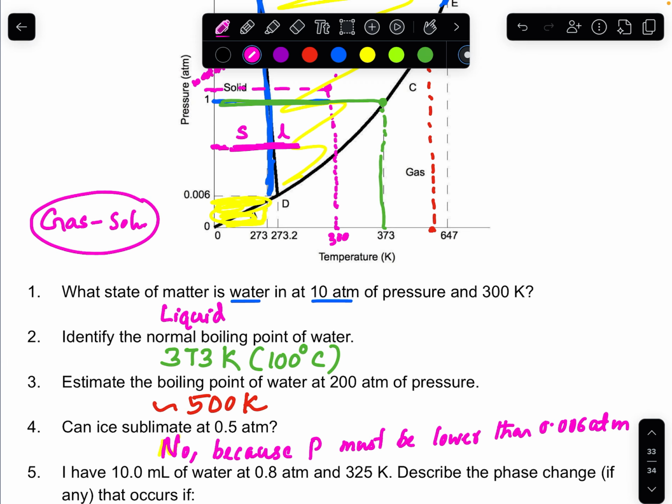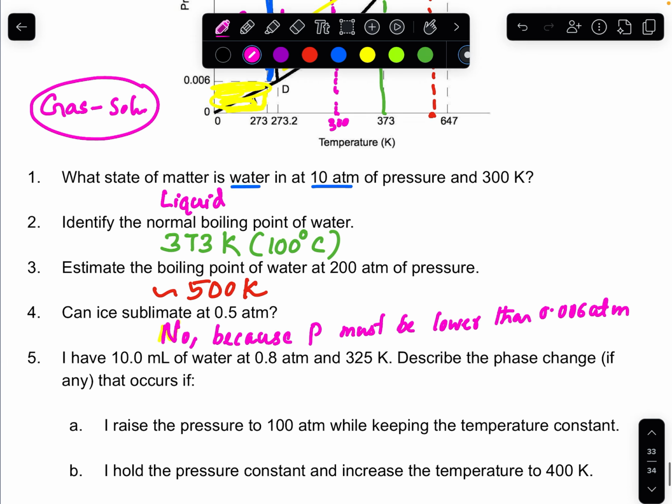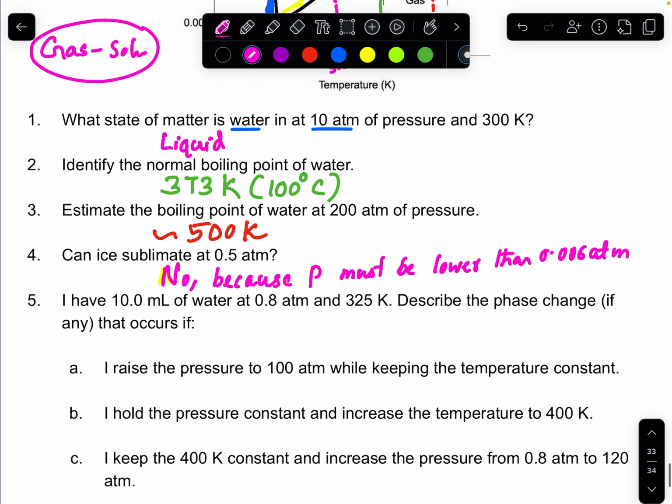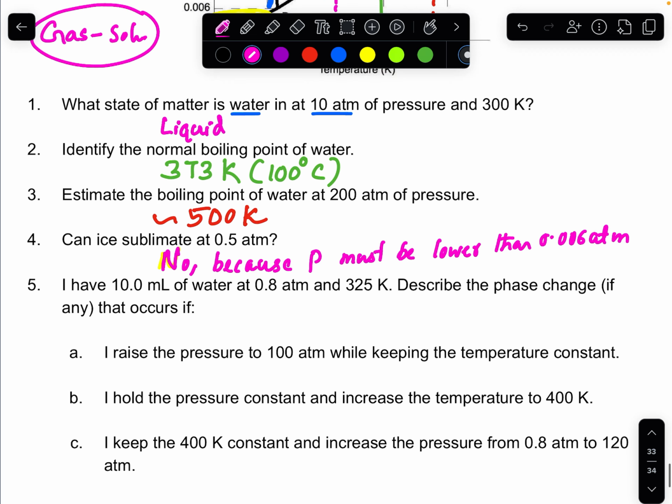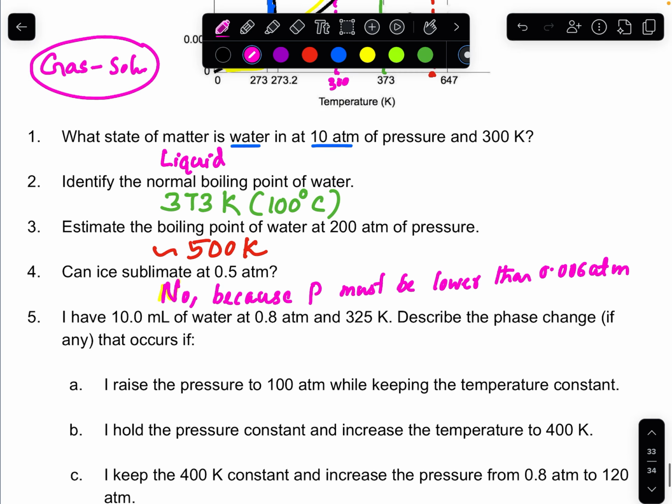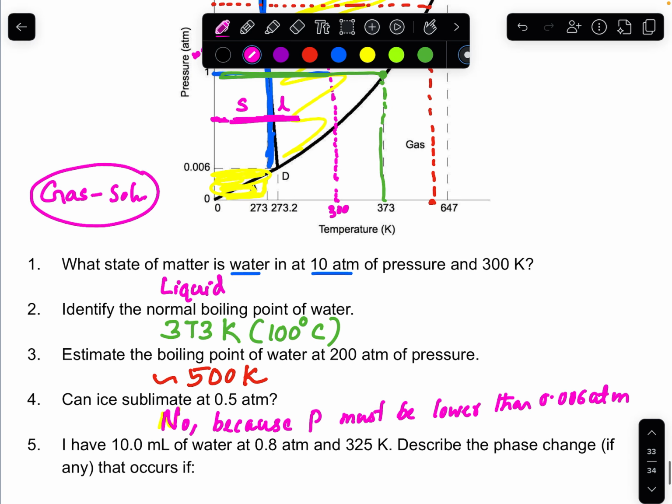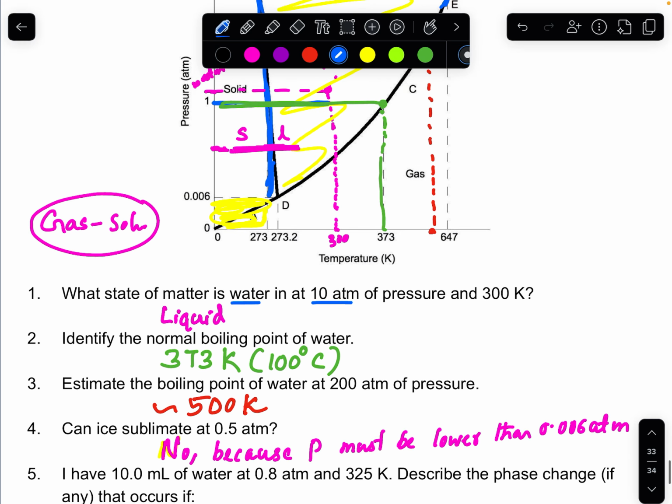0.006 atm. Okay, next question. If I have 10 ml of water at 0.8 atm and 325 Kelvin, describe the phase changes that occur. So we have to go to 0.8 atm, and that is somewhere here, right? 0.8 atm and 325 Kelvin, that is here.